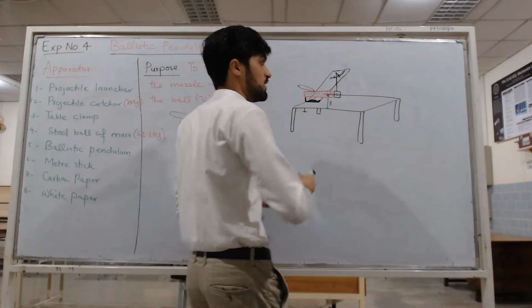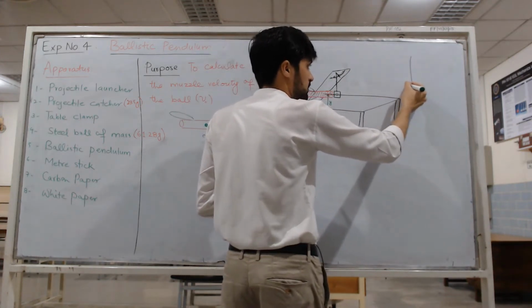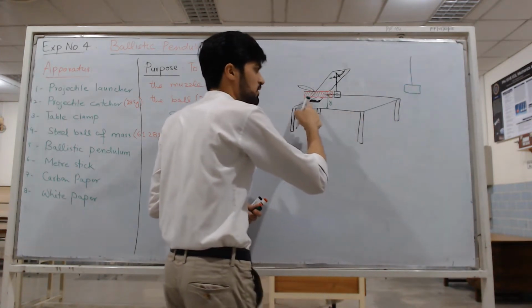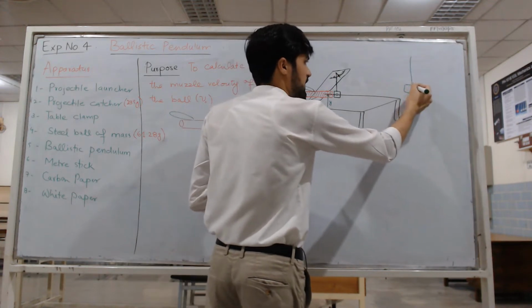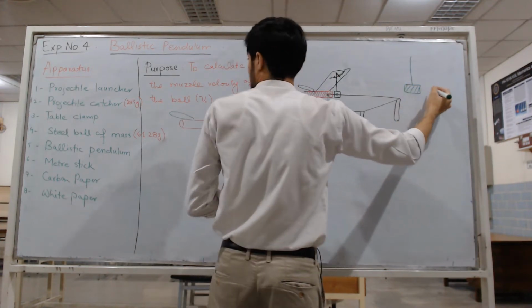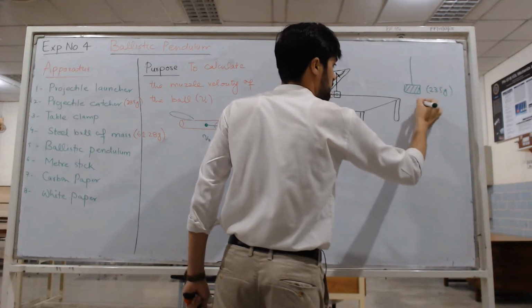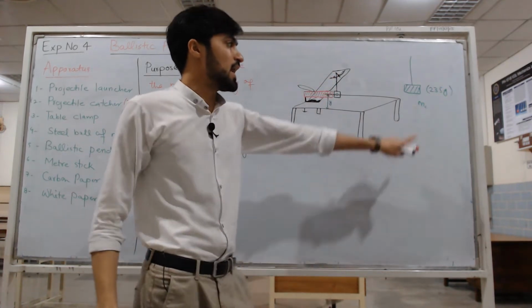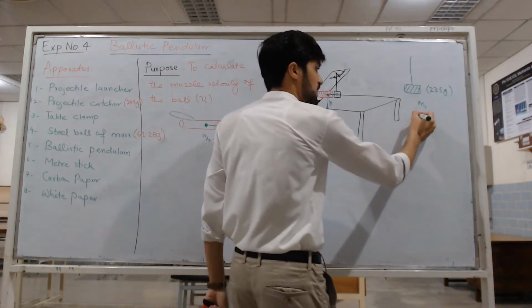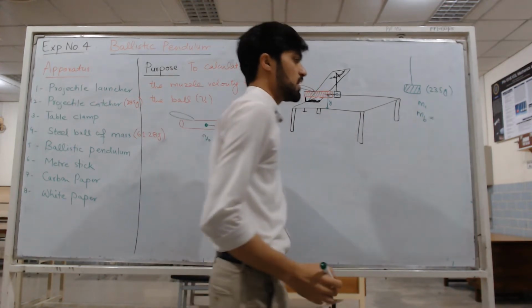It's like a suspended pendulum right next to the projectile launcher, and it has a mass of 235 grams, the mass of the catcher. So I can write MC. If I write MB, we can say that is the mass of the ball.